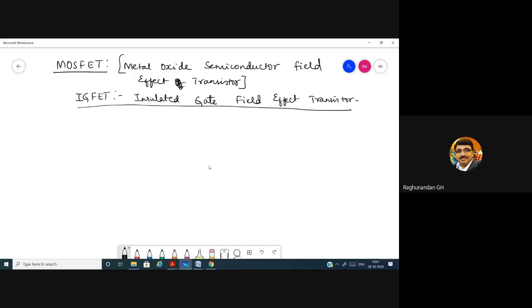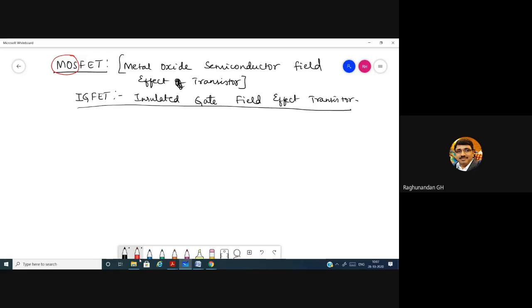The speciality in MOSFET is MOS, metal oxide. So an oxide layer will be added. But in our normal JFET, there was no oxide layer. Here there is an oxide layer.